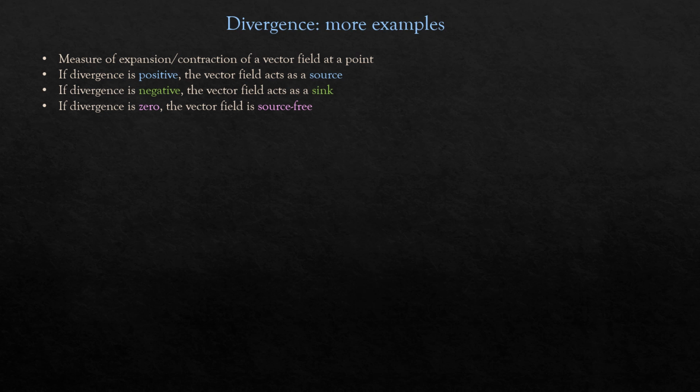Now, if the divergence is 0 for all points in the domain, we say that the vector field is source-free, and we will discuss this type of vector field in a little bit more detail. So now let's take a look at some examples.